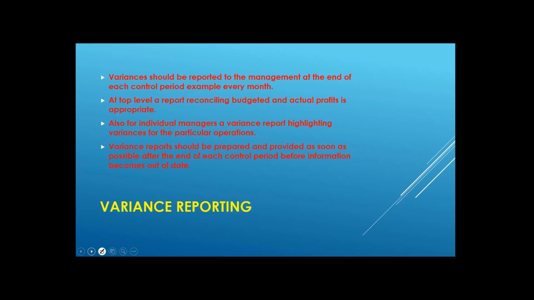The purpose of variance analysis is not to find the variance, but to correct it, because we don't want variances. We want to change the situation. So that's basically variance reporting.